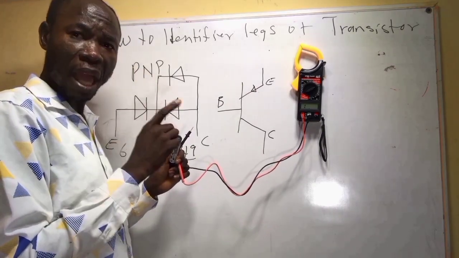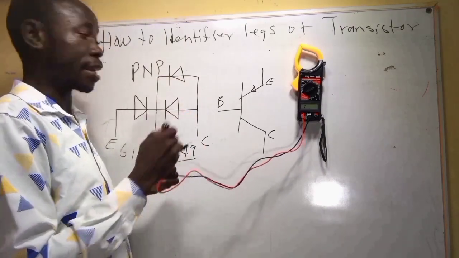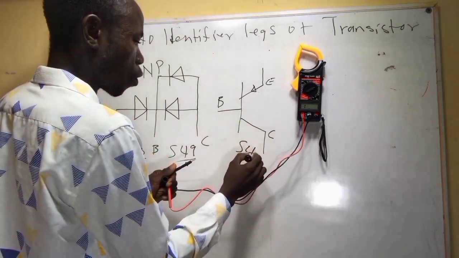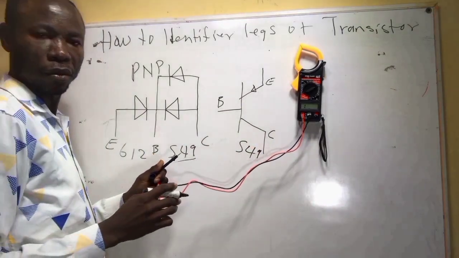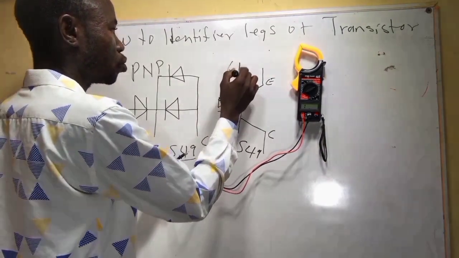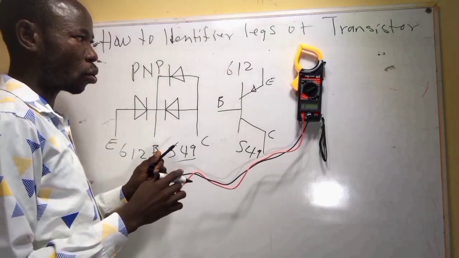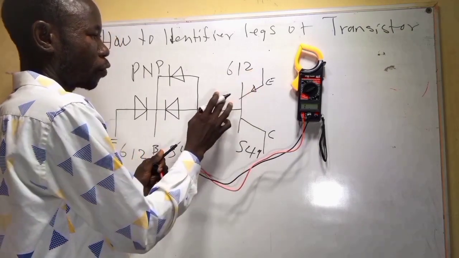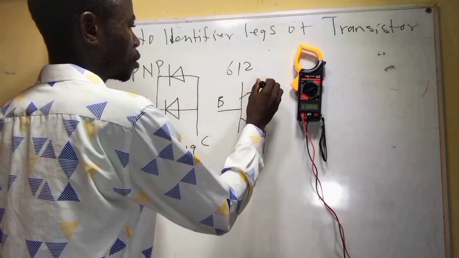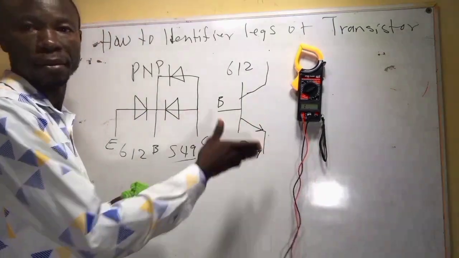The base to emitter reads higher resistance than base to collector. As I said, if base to collector gives you 549, base to emitter maybe gives you 612. So from this you can identify the NPN transistor.